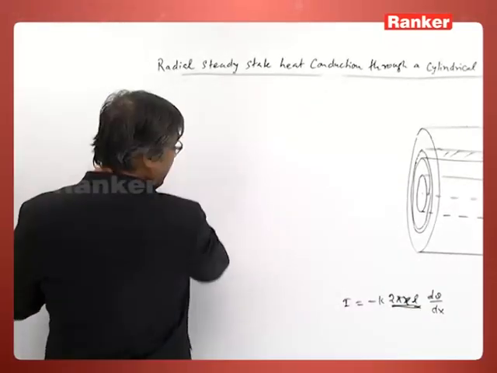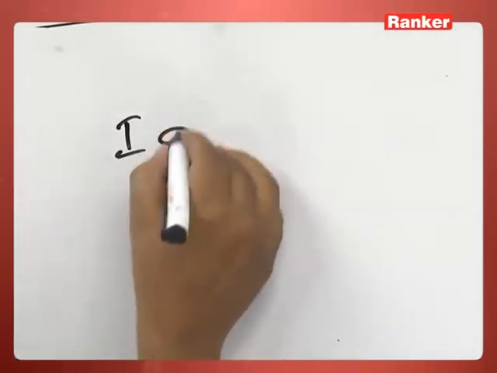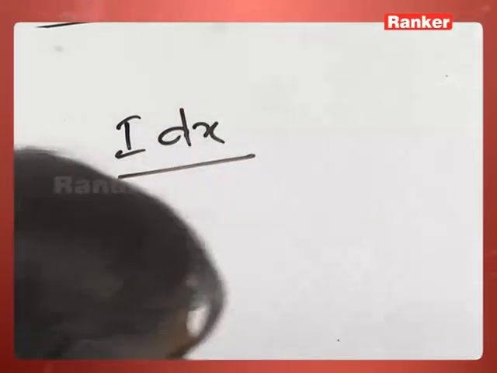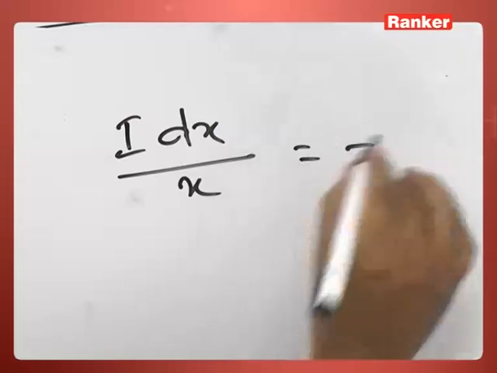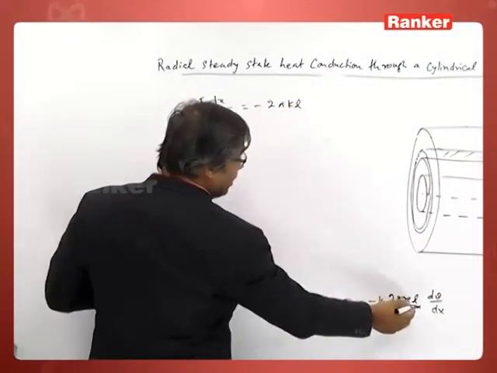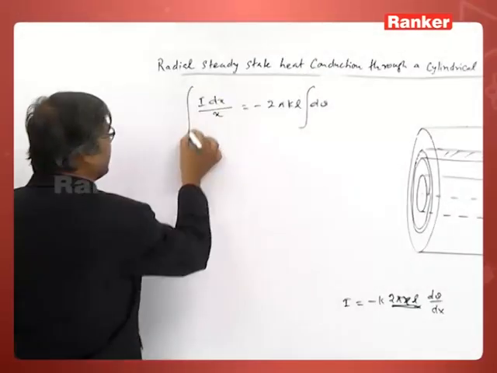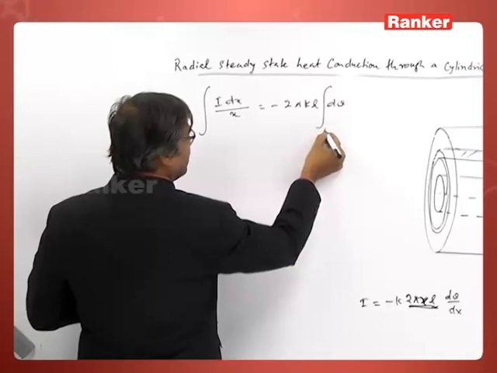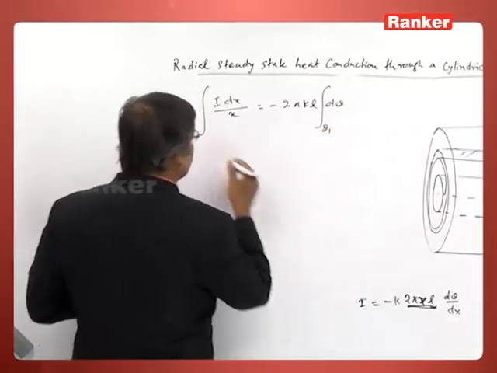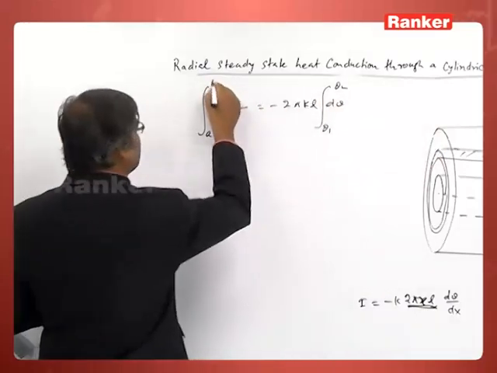So, I dx by x comes here, equals minus 2 pi k L, let L be present, d theta. If I integrate, when theta 1 is the temperature here, x is A, and when theta 2 is the temperature here, x is B.